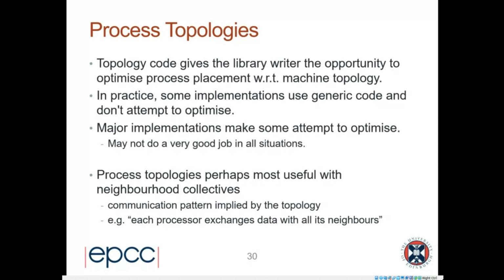It knows your 6 neighbors are up, down, left, right, forward, backwards in 3 dimensions. So I'll illustrate neighborhood collectives with an example. But currently, if you just use point-to-point communications, process topologies, like Cartesian topologies, are useful and elegant, but have no particular impact on performance. They really come into their own when you use neighborhood collectives.